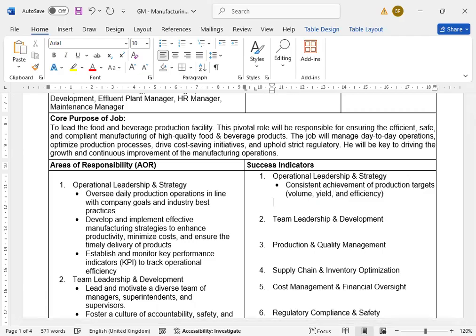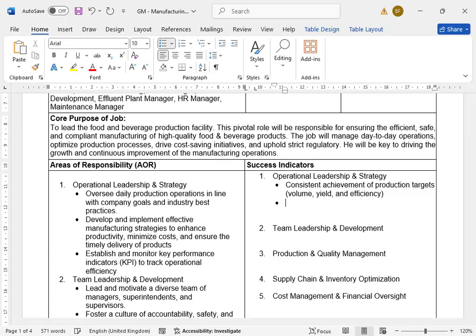And efficiency. Okay. Then another one is reduction in machine downtime.